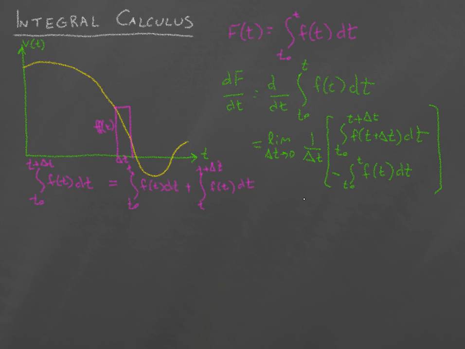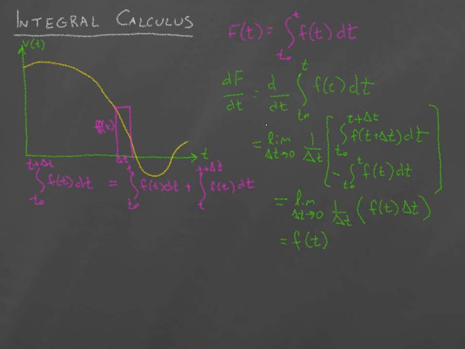So in other words, the derivative of big F with respect to t is just the limit as delta t goes to 0, 1 over delta t times f of t delta t, which is just little f of t.